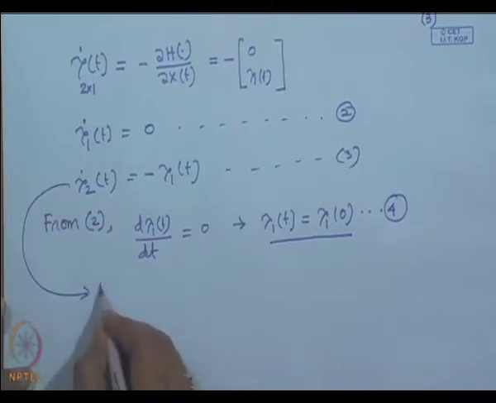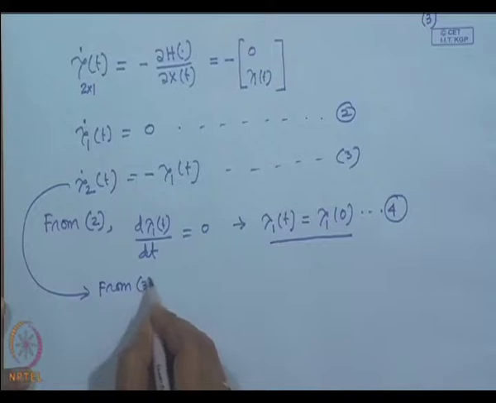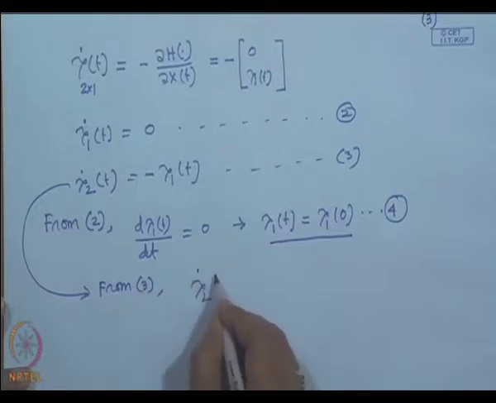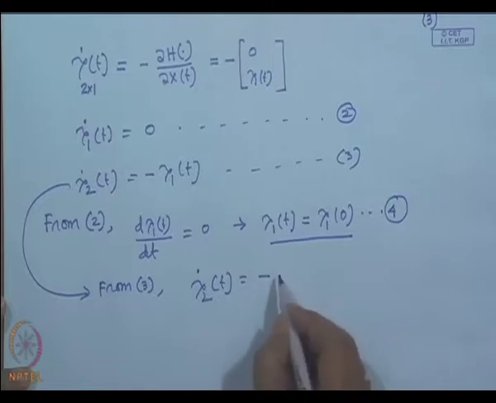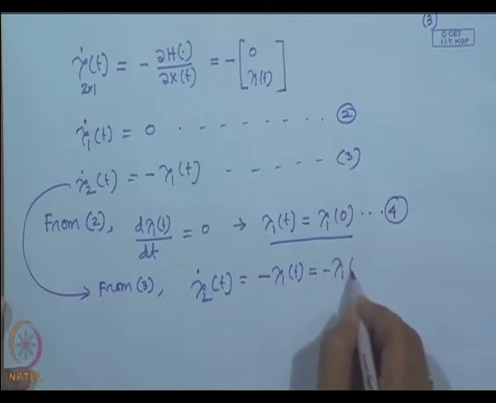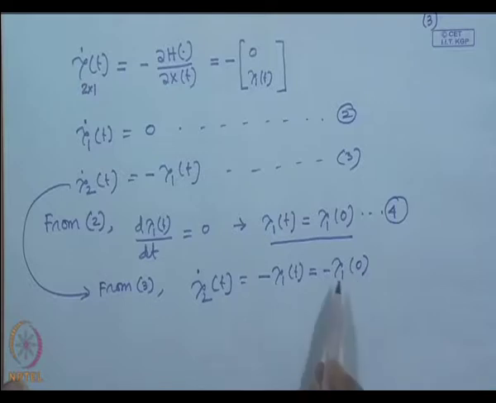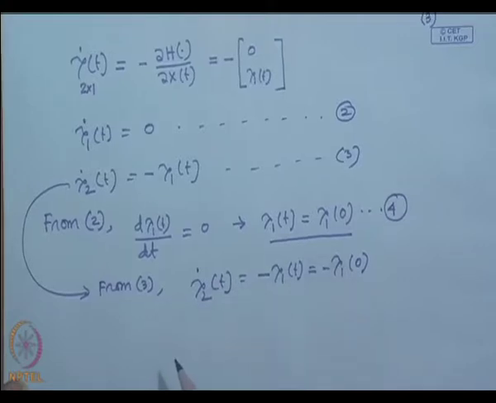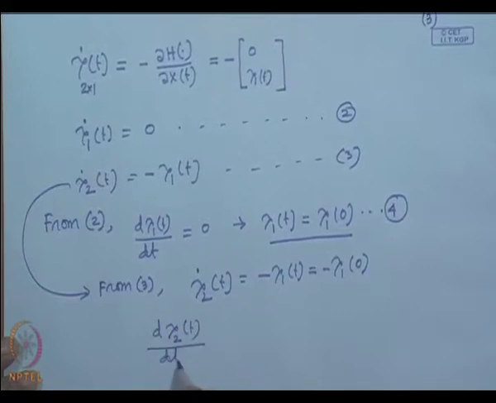From equation 3, lambda 2 dot of t is equal to minus lambda 1 of t, which is equal to minus lambda 1 of 0. What is the solution of that? Lambda 2 dot of t is equal to minus lambda 1 of 0.